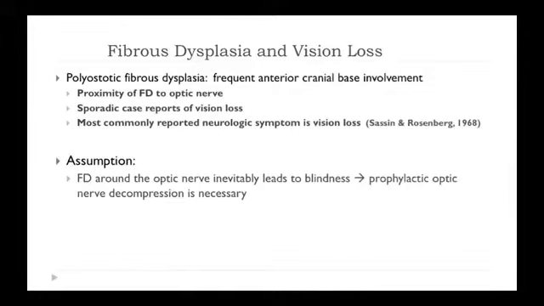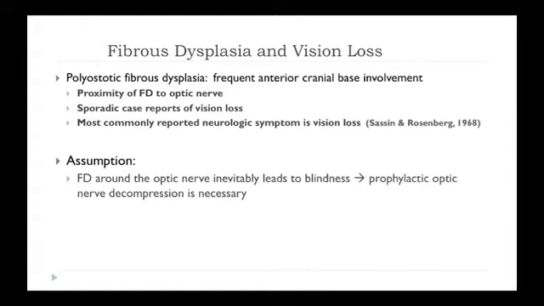So all the architecture of normal bone and normal anatomy is obliterated. But you have no idea really how bad the situation is, because in plain films, which is what this study is based on, it's all superimposed with other structures. So to get a really good idea of what's happening to the optic nerve really is impossible with those types of images.